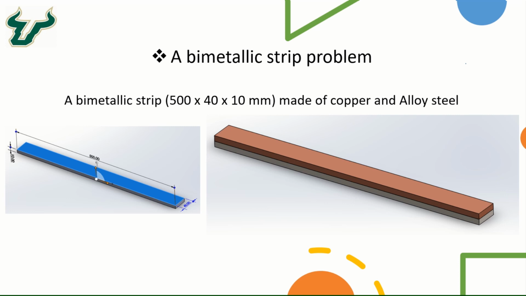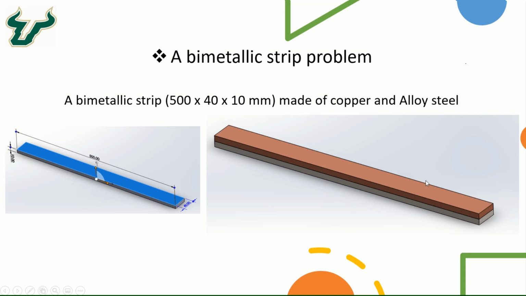A bimetallic strip is a commonly used device to measure temperatures, and it consists of two dissimilar metals bonded to one another. In this case we are bonding copper and alloy steel, with the copper on the top and the alloy steel on the bottom, as you can see in this photo here.